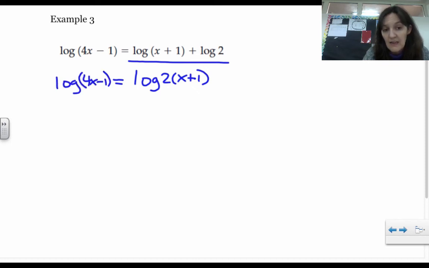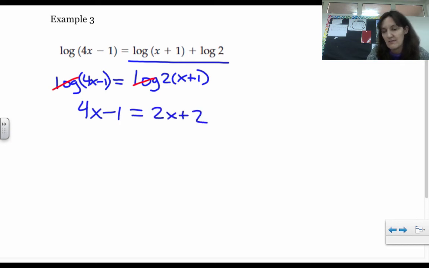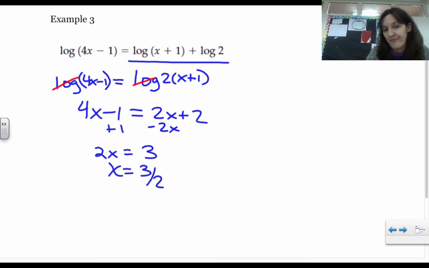Now, since it's a log and a log, I can cancel them out. Simple. And I have 4x minus 1 equals 2x plus 2. I went ahead and distributed. And I'm going to subtract 2x from both sides and add 1 to both sides. Algebra. 2x equals 3. x equals 3 over 2.